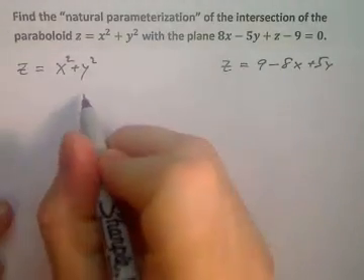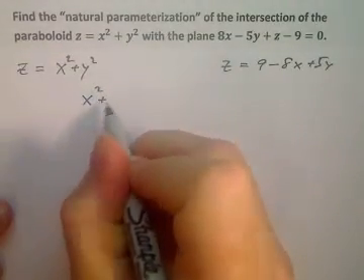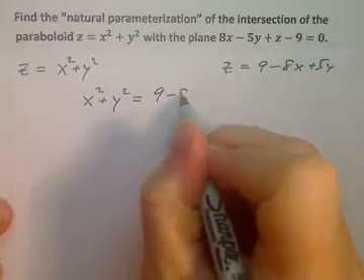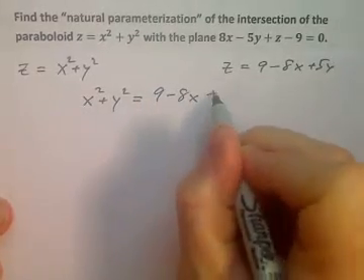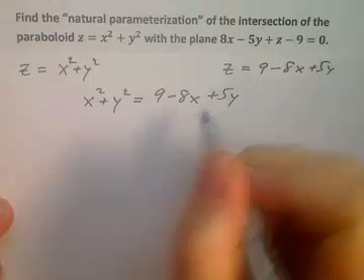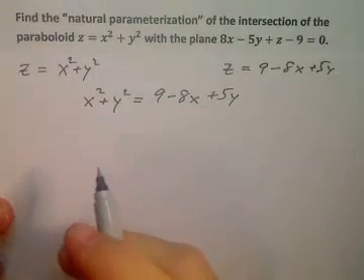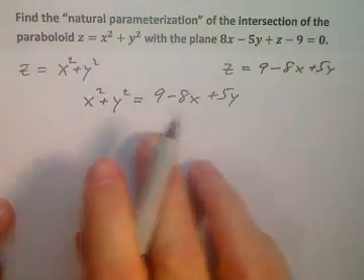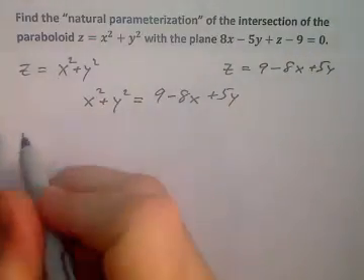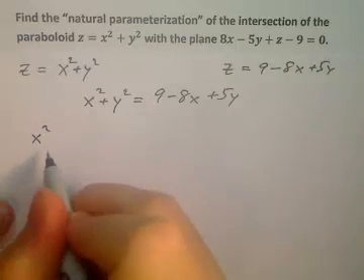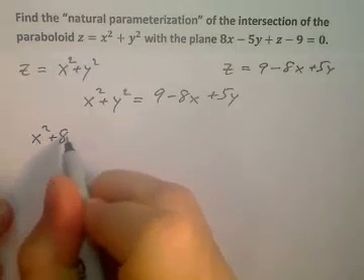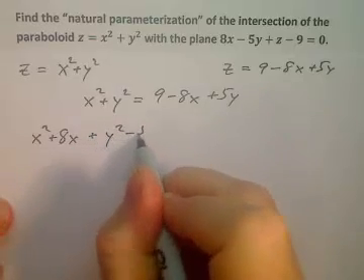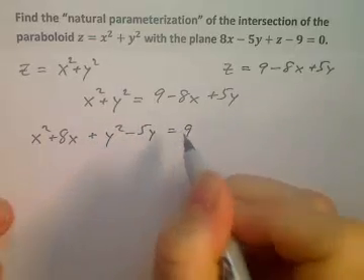So equating, we get x squared plus y squared equals 9 minus 8x plus 5y. So we eliminated z, and now we want to write this in a standard form. This is going to give us a circle. So I'm going to write this as x squared plus 8x plus y squared minus 5y equals 9.